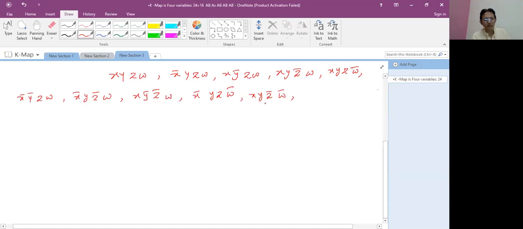No one missed. So similarly, x complement y complement z complement w, x complement y, z complement w complement, x, y, z, w complement.